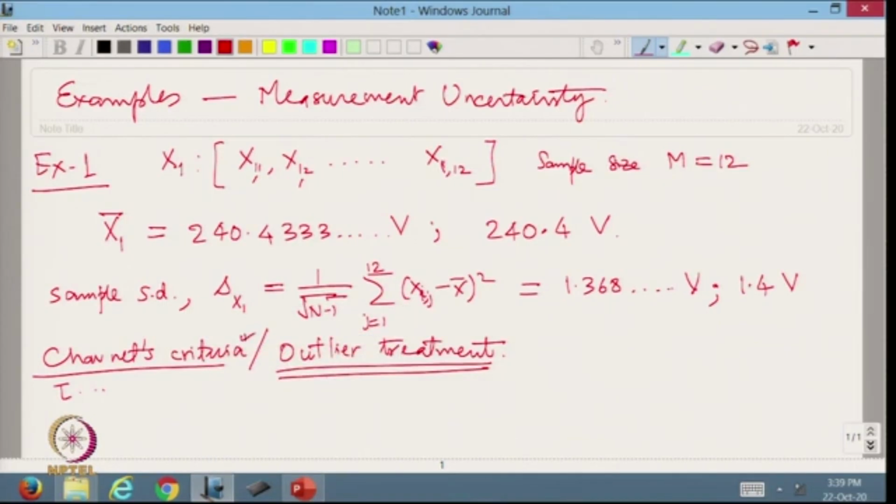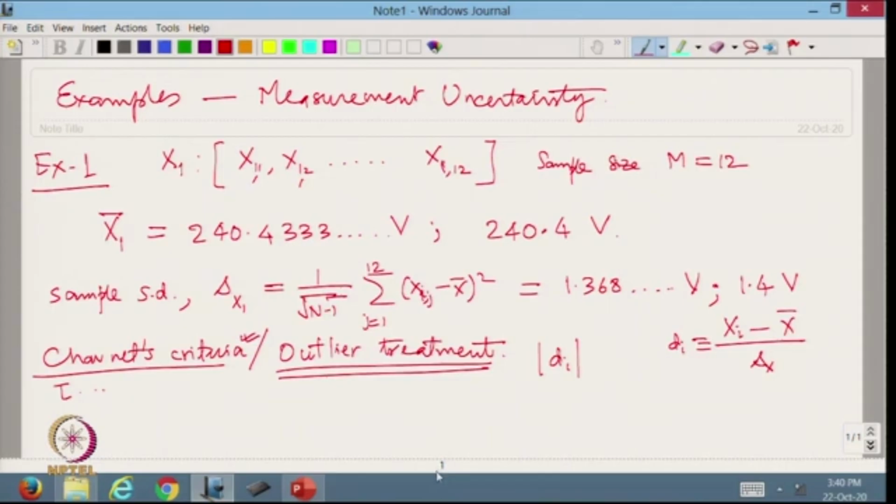I will show it with Chauvenet's criterion. So, what this criterion tells us is that if you have these readings, then you look at the absolute value of the normalized deviation, di, which is defined as xi, the reading, minus x bar over the standard deviation Sx.